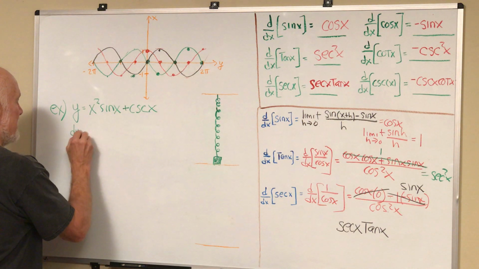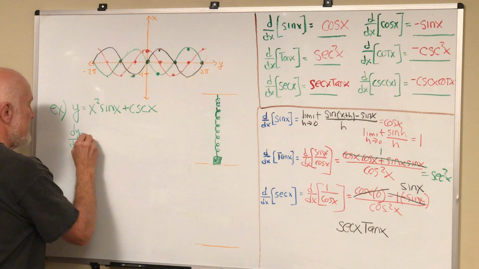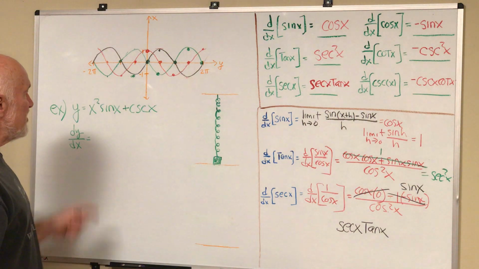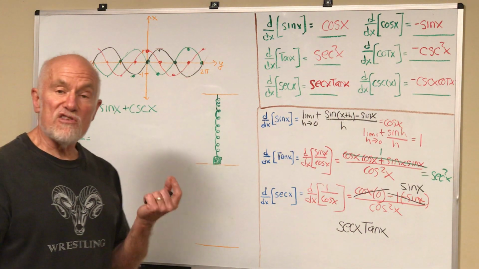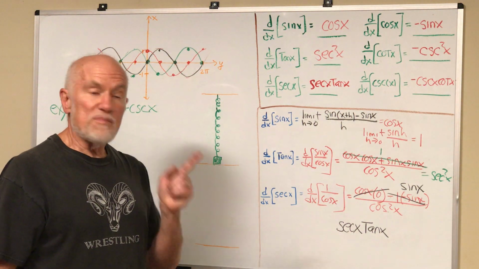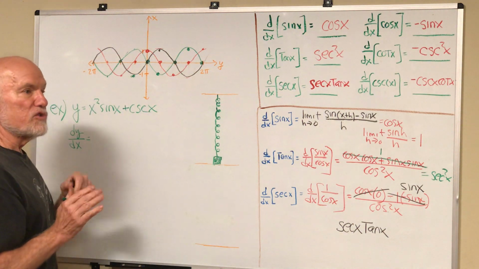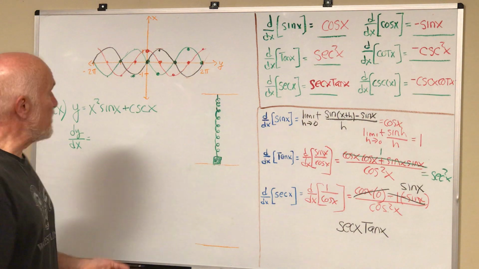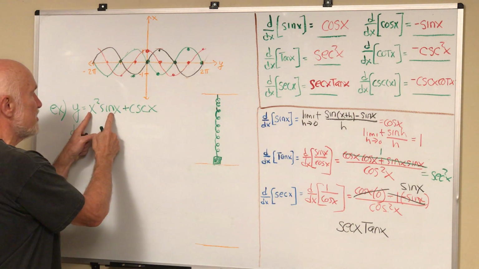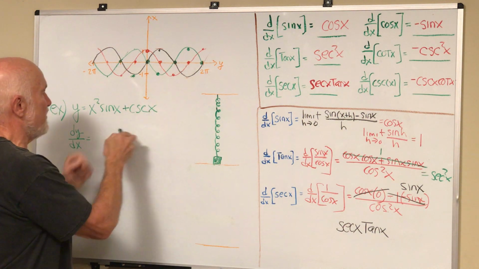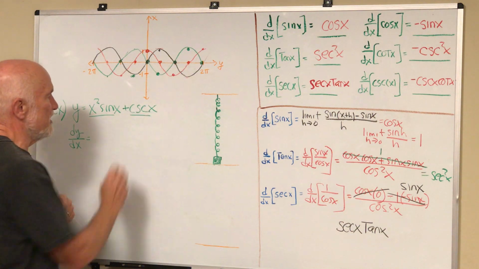We could say dy dx. Now, this is something where a lot of beginning students especially make a mistake. We have a function plus a function. Well, derivatives are sort of our friends, so we can say it's the derivative of the first function plus the derivative of the second function. This function and this function.